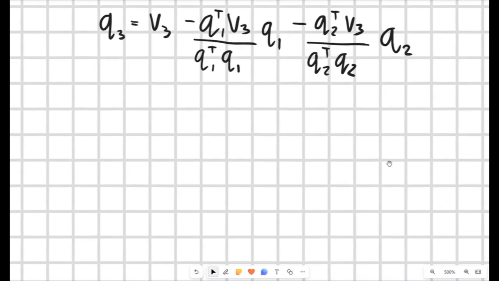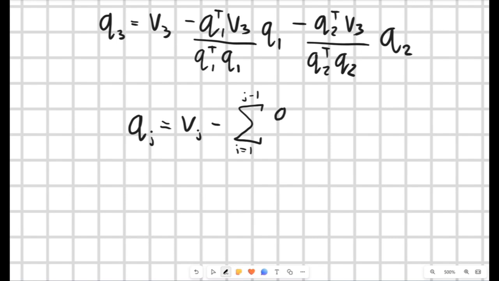It's relatively easy to see that in general, if you want to find vector Qj, so we've already found Q1 to Qj minus 1 by this point in previous iterations of the algorithm, then this is equal to Vj minus summation from i equals 1 to j minus 1, and basically we've got these constants here.